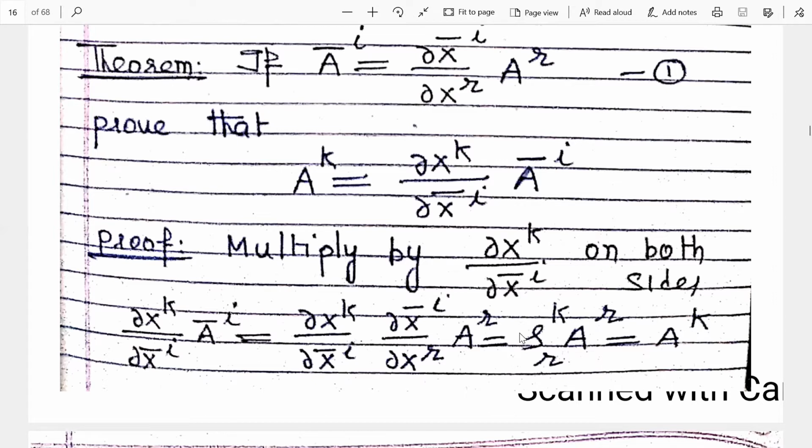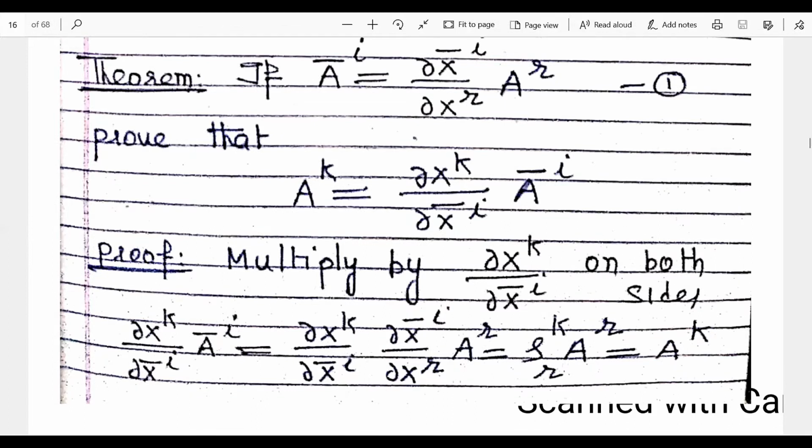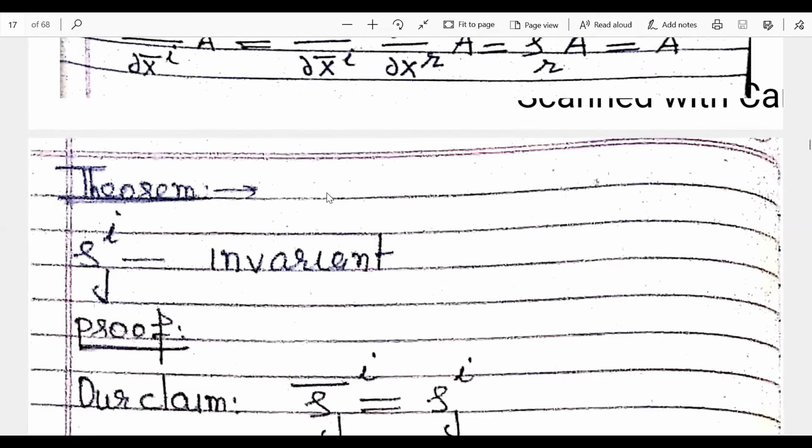Remaining is delta k r into A^r. Now r is common, so it is converted into k. So this is equal to A^k. So our purpose is to see this result, multiply this term on both sides, and we will find the value of A^k. So this is the first theorem.